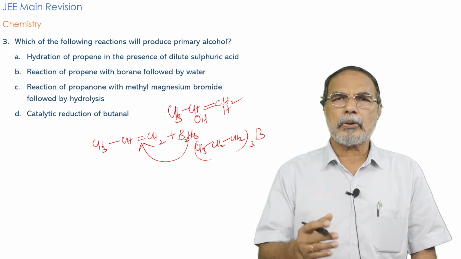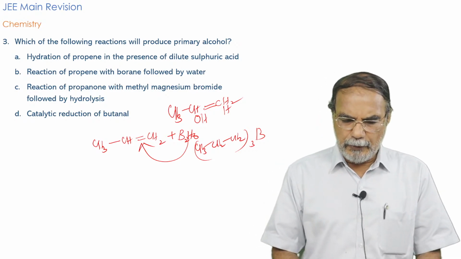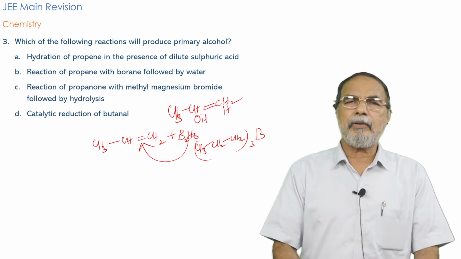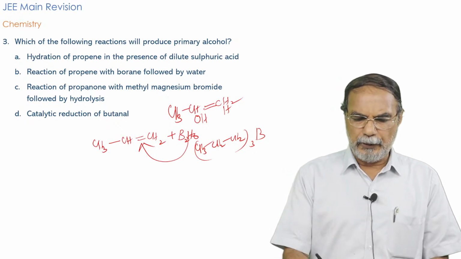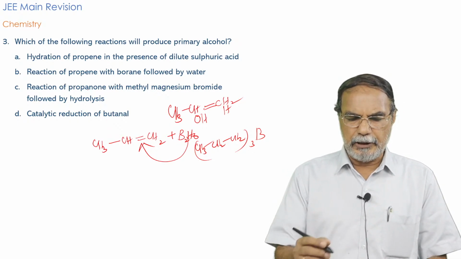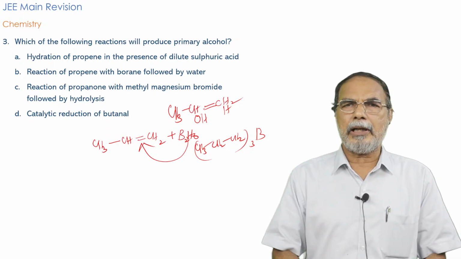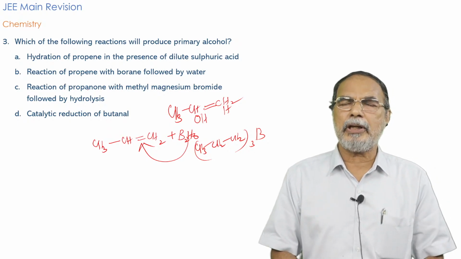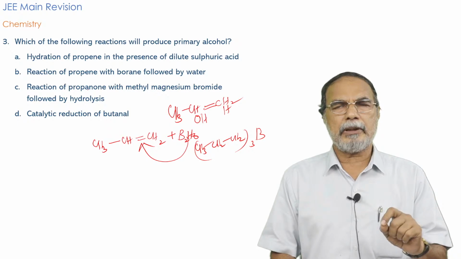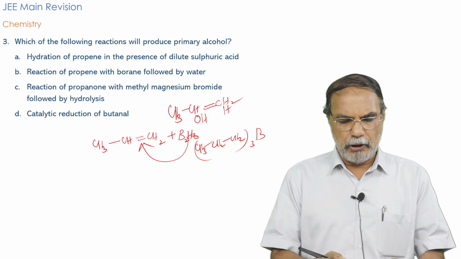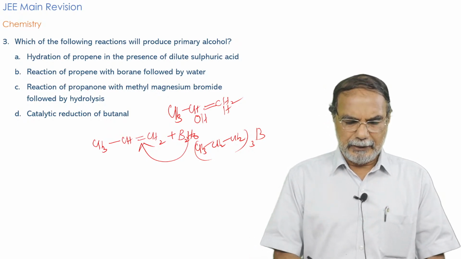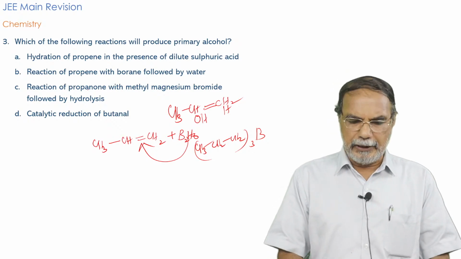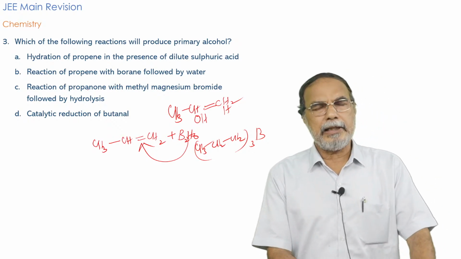So B is ruled out. Now what about the third? The third we have already seen, propanone or a ketone with methyl magnesium bromide followed by hydrolysis. In the previous example we have already seen that the product obtained would be a tertiary alcohol. So the option C is also not correct, and the only remaining option is D, and let us see whether D is correct or not.